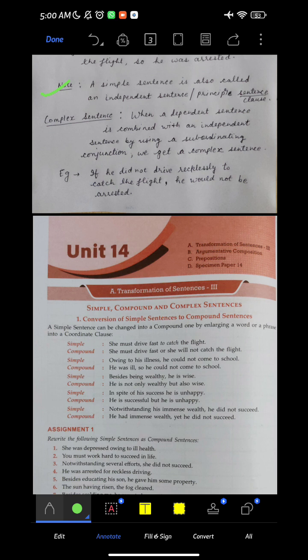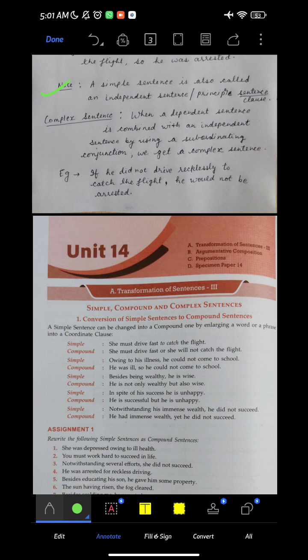In other words, from all the conjunctions, if I subtract the coordinating conjunctions, whatever is left is called subordinate. Any conjunction which is not in FANBOYS will be called subordinate.